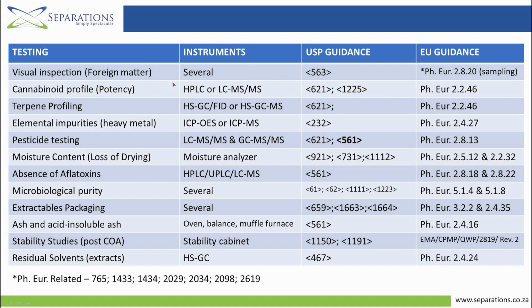It's on potency. Potency can be tested multiple ways: TLC, high performance TLC, NIR, or FTIR, but generally the accepted methodology would be the use of HPLC. I'm sure there are proponents of LC-MS/MS, but the dilution factors here may be inhibitory.